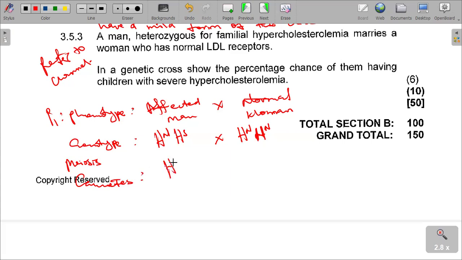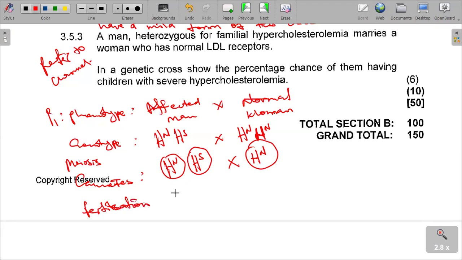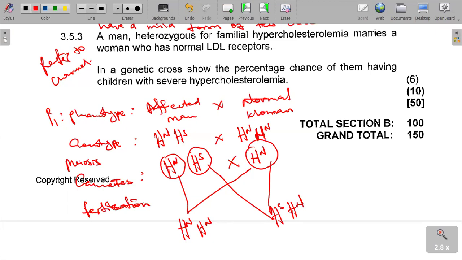We are going to have HN and HS, and the woman is going to be 1HN, because it helps the chromosome number there. Then fertilization: HN with HN, and HS going with HN.